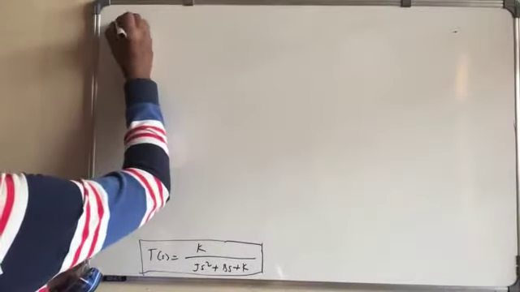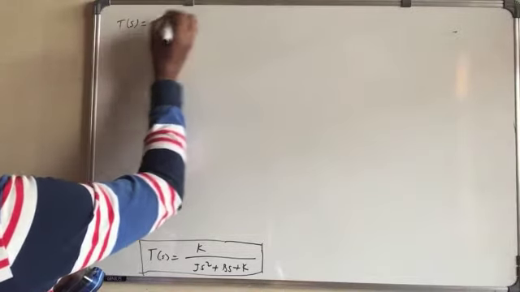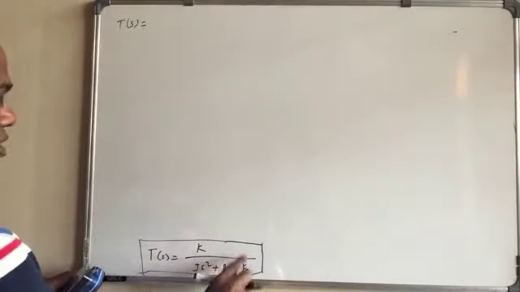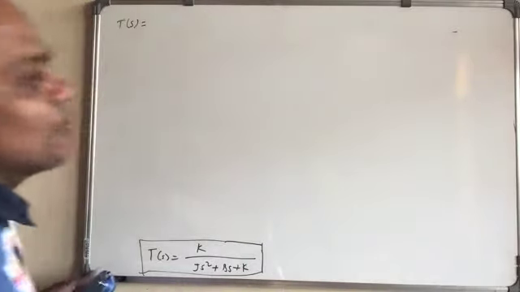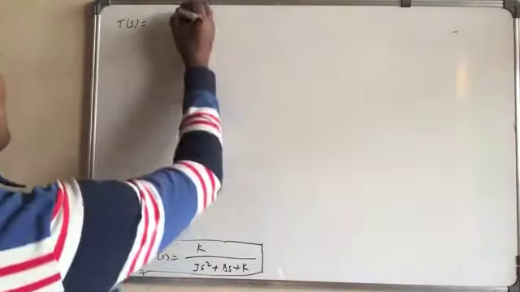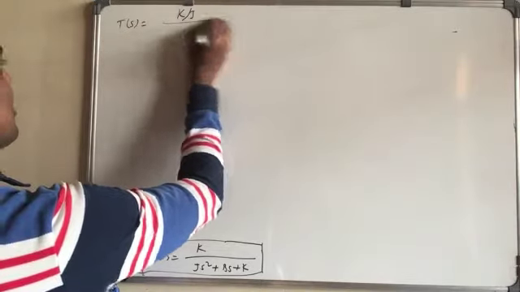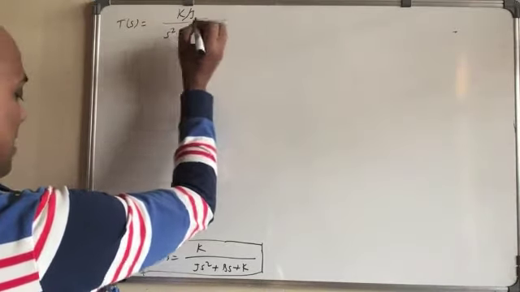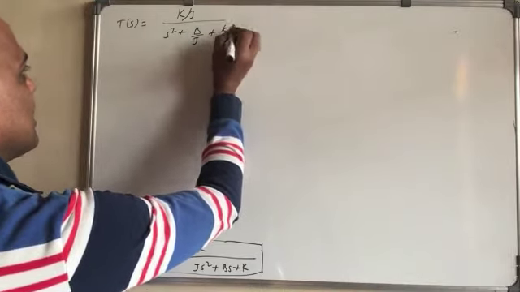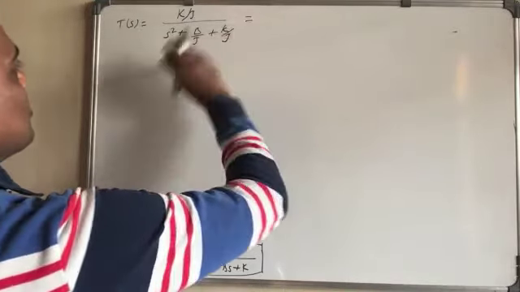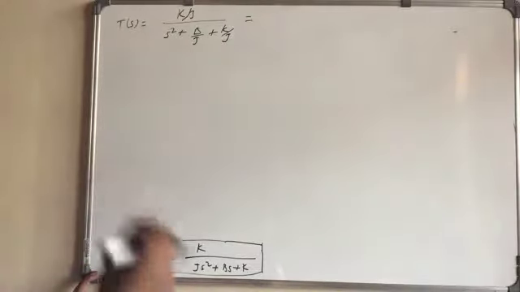Okay, so this transfer function T(s) equal to k over Js square plus bs plus k, we can write it the way we understand, and divide by J, for example, k over J, so it becomes s square plus b over J s plus k over J. J is equivalent to mass, right?